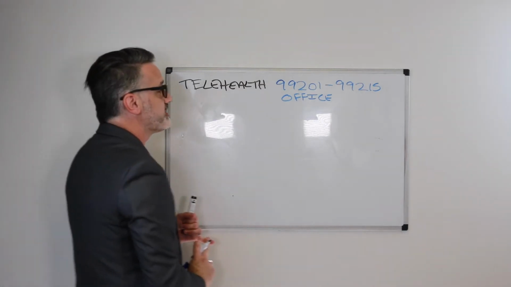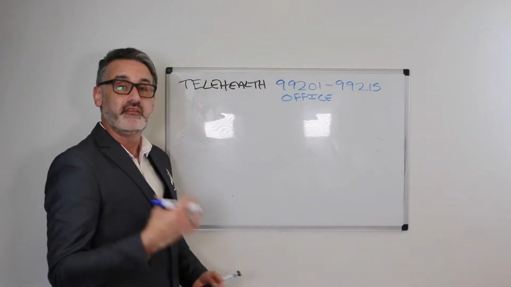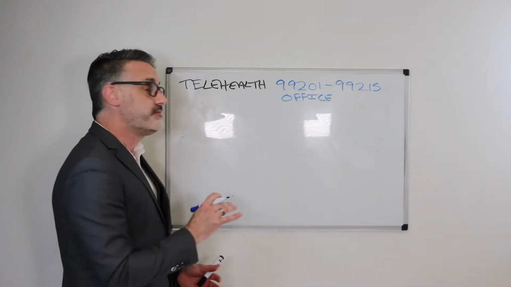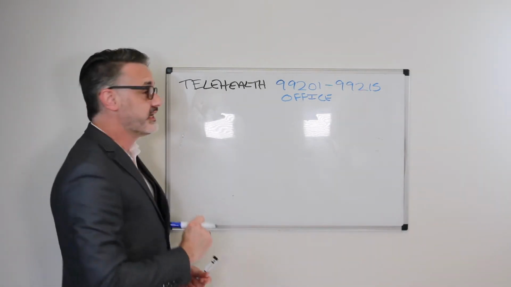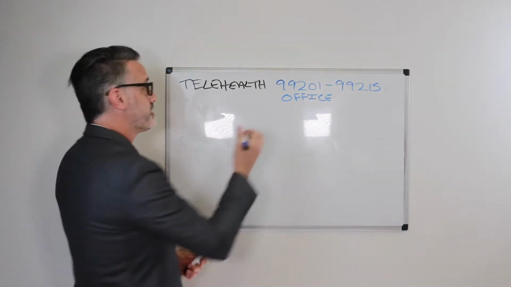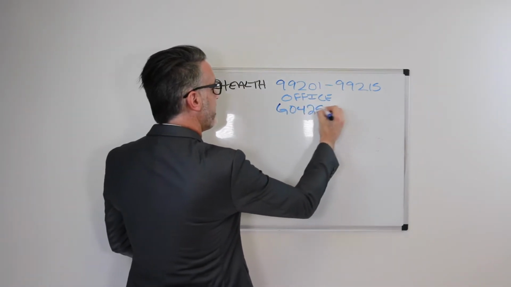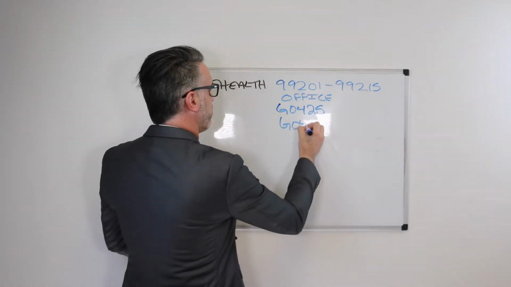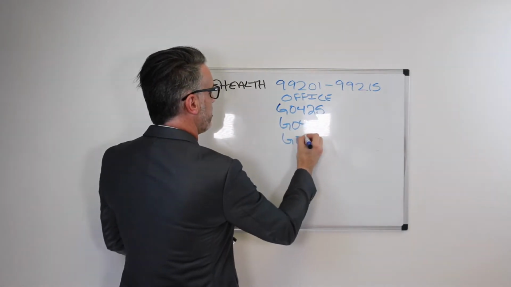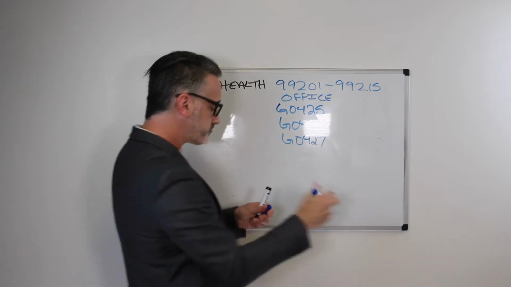If the place of service involves a consult conducted in the emergency department, inpatient, or also the skilled nursing facility, those are time-based. So then we have G0425, G0426, and G0427.